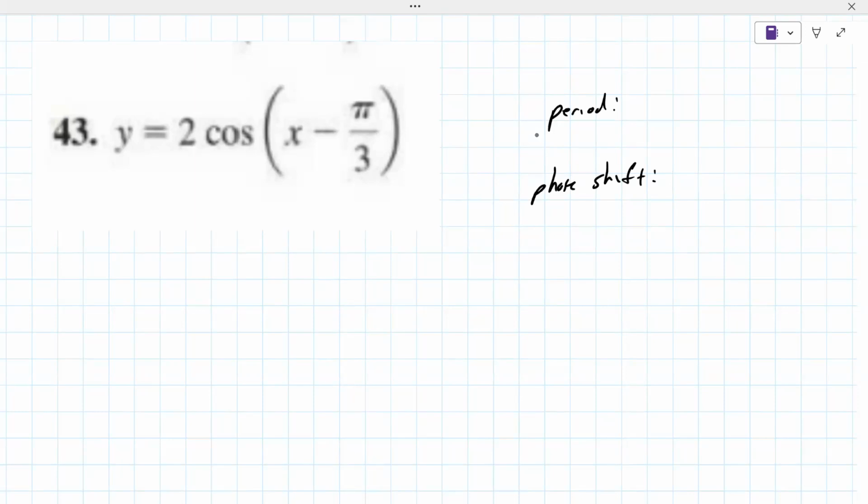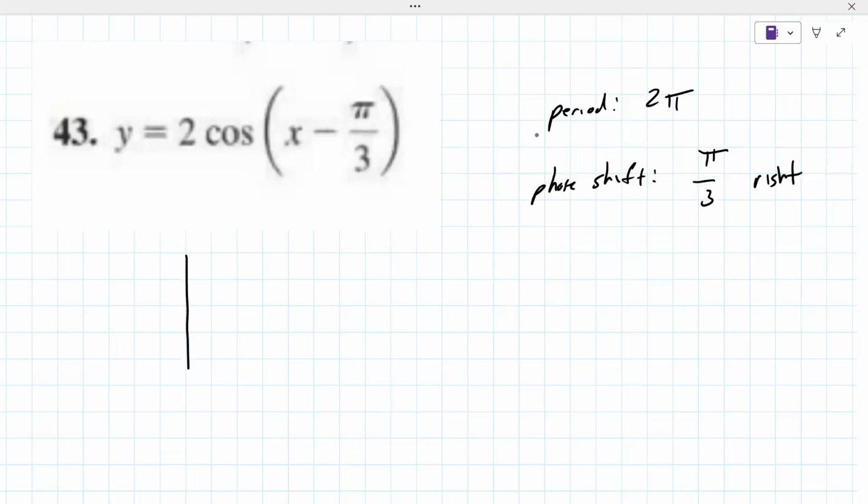The period would be 2 pi. And the phase shift? Pi over 3 to the right. Right. Yeah.